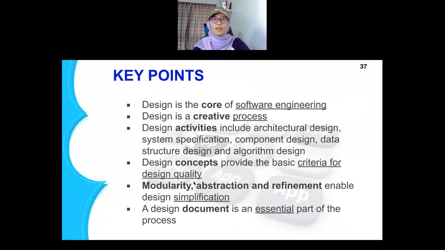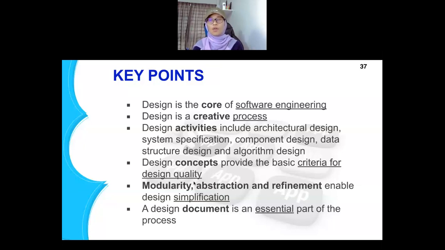Okay, key points. This is a summary. This is important. Design is core for software engineering. When you start to develop a software system, you need to have a design because this is the core.